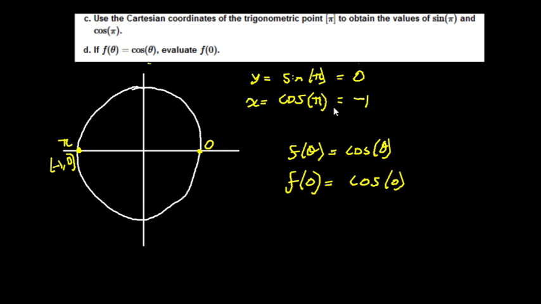Again, that's our x coordinates. My coordinate is going to be 1, 0. That's my x coordinate, which is 1. Cos of 0 is going to be 1.